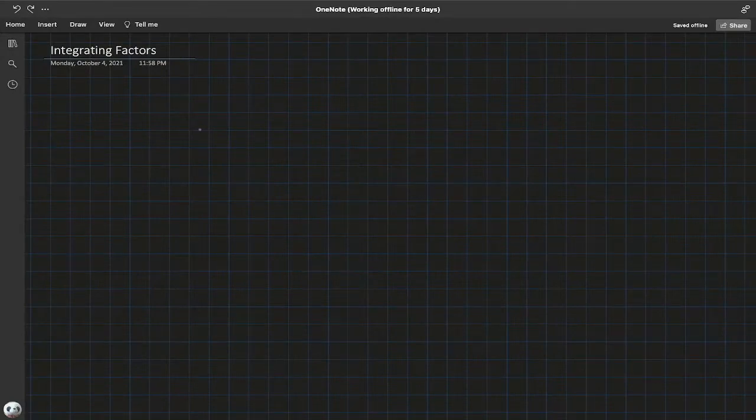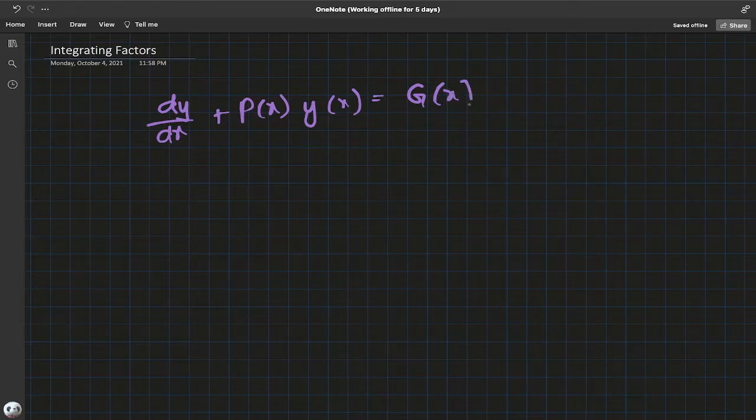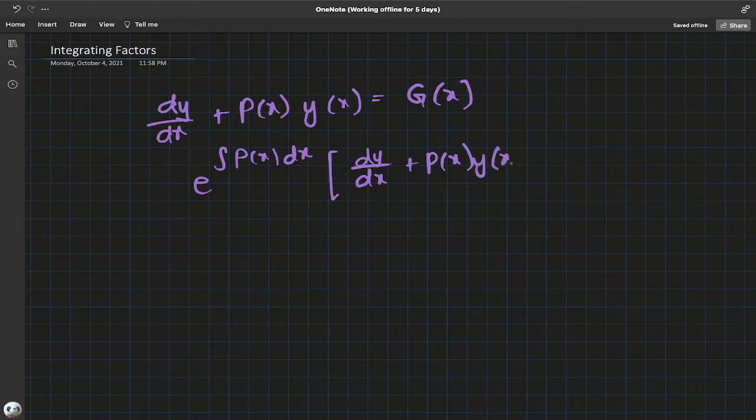So the next method is the integrating factor method. If you have again a first order equation like this, dy over dx plus p of x y of x equals something, then you can multiply both sides by this factor, which we'll call the integrating factor, e raised to the integral of p of x dx.